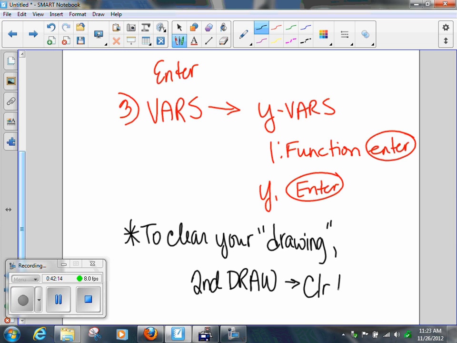Clear draw. That's what you'll see. And that will remove the inverse function from the picture that we're looking at. Okay? Questions at all?